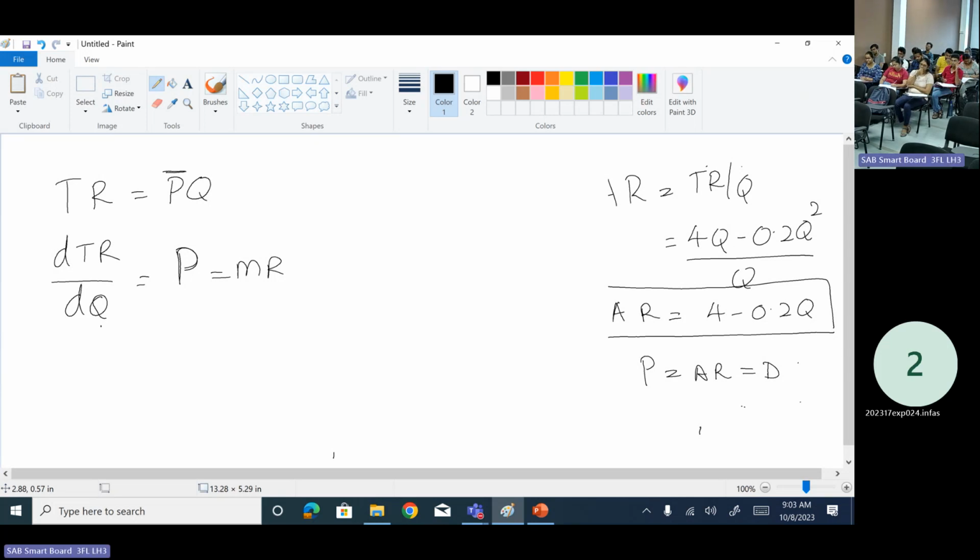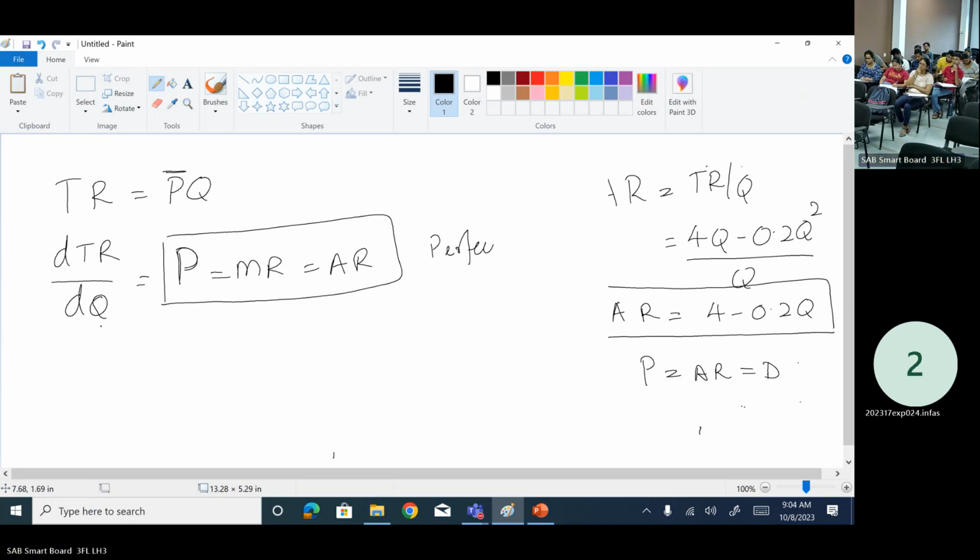That's why in the perfectly competitive market we said all these are constant, like P equals MR equals AR. This is happening only in a perfectly competitive market, where the price is constant. But MR may take different forms in other markets.